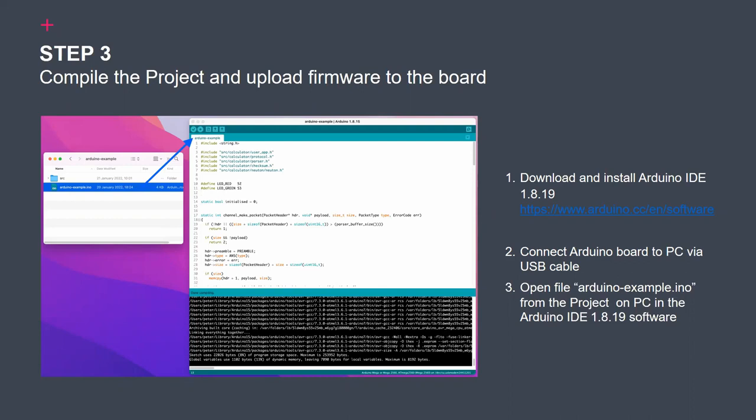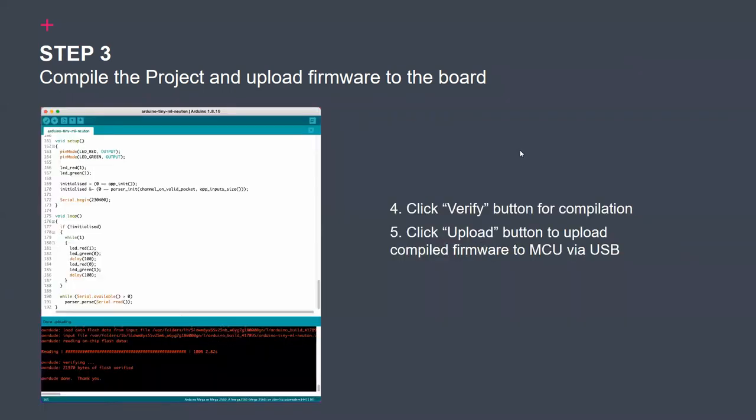Connect the Arduino board to the PC via USB cable, and then please double-click on the Arduino example.ino file in your project, and it will be opened automatically in the Arduino environment.